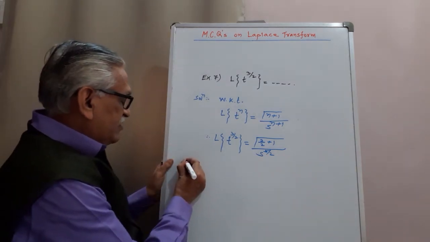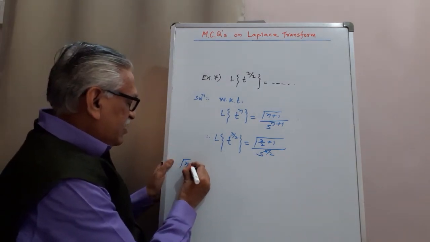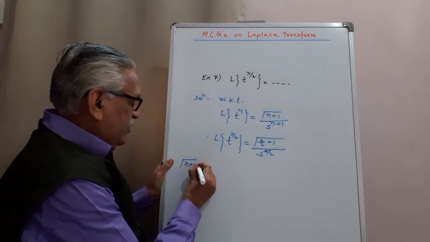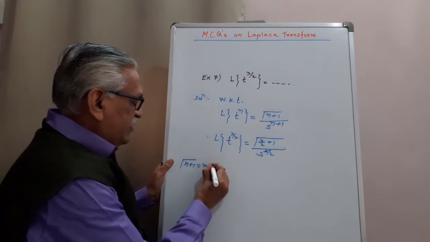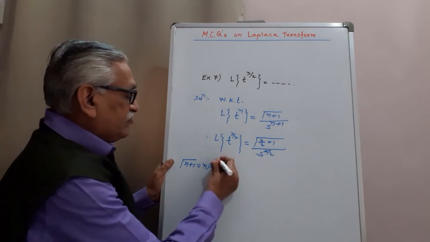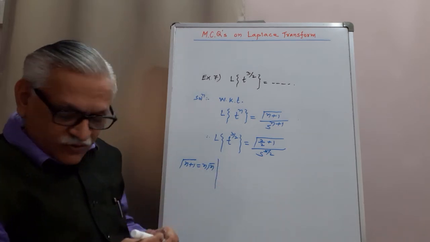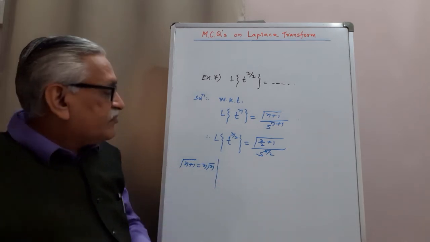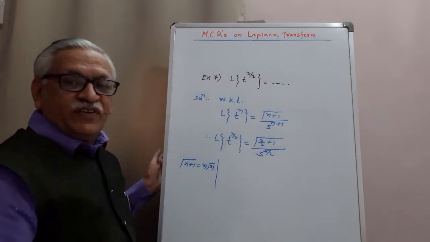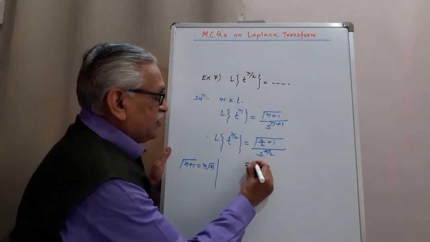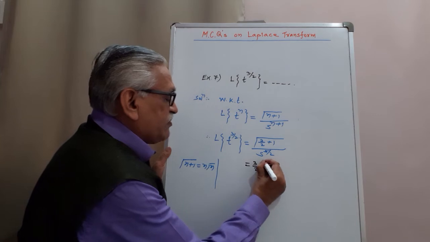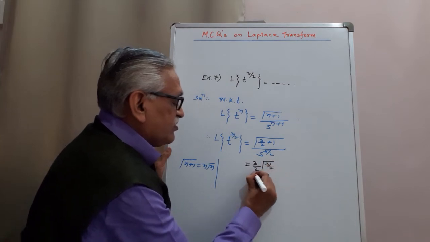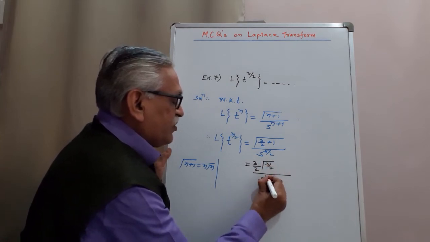We know the result from the gamma function, gamma of n plus 1 is n gamma n, and therefore this gamma of 3 by 2 plus 1 I can rewrite as 3 by 2 gamma of 3 by 2, divided by s raised to 5 by 2.